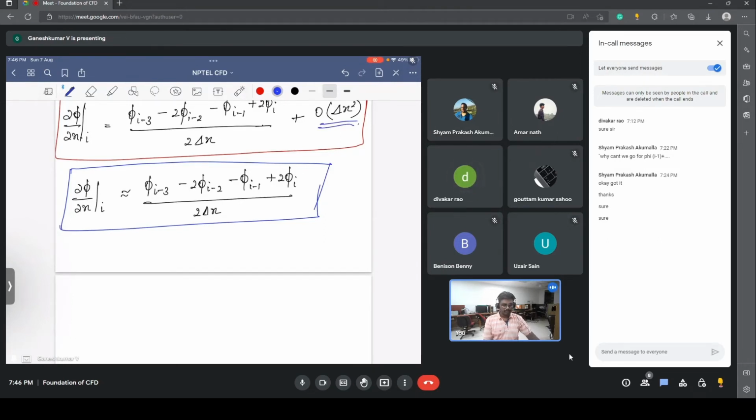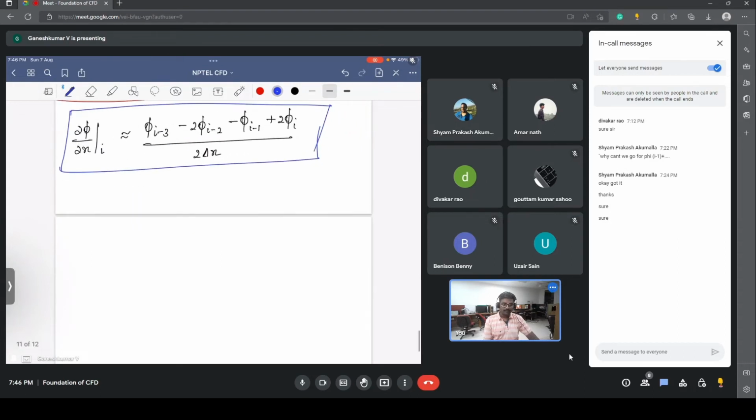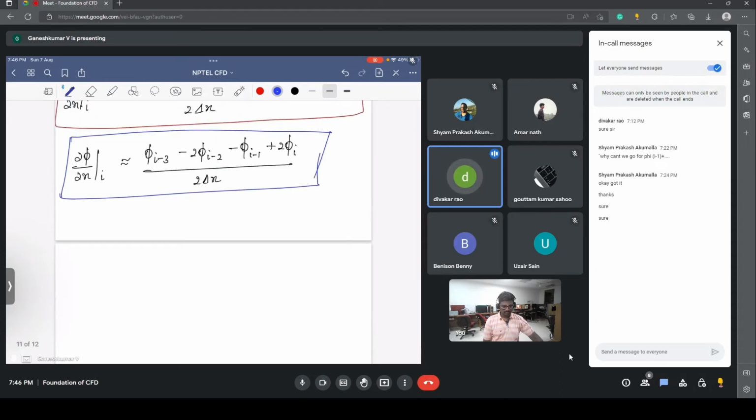Yeah, go ahead. Since the phi I minus 3 term exists there, we can think of it as delta x cube. By delta x it will come because of del phi by del x on the left side, so obviously the delta x division we need to do in that manner. So we may get some idea that it is second order.